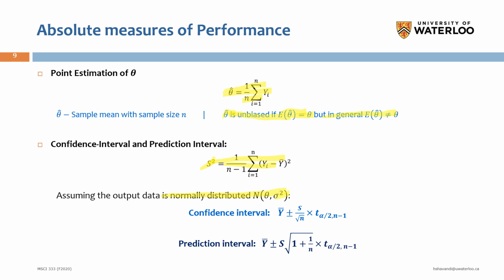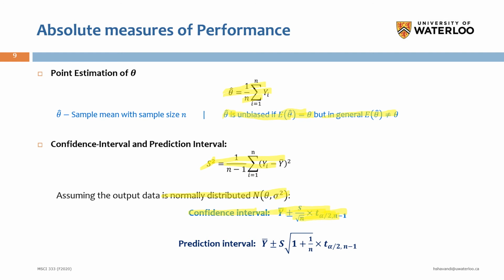So for theta, we are estimating it by theta hat, and for the variance, we are estimating it by s squared, okay? So same as before, the confidence interval here will be y bar plus minus s over the square root of n times t half alpha and n minus 1, okay?